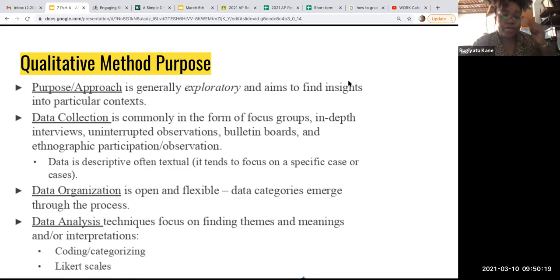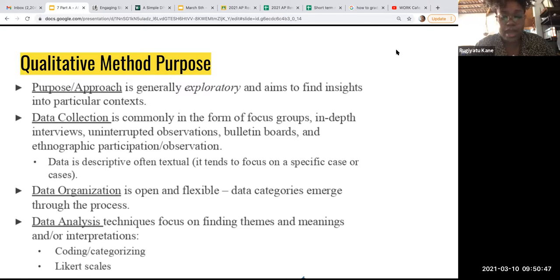In terms of how the data is organized in qualitative research, it's open and flexible, so you can have the data and then have your categories emerge as a result, versus in quantitative research where those categories are determined already. And in terms of the analysis of this type of research, you are focusing on themes and the meanings or interpretations.